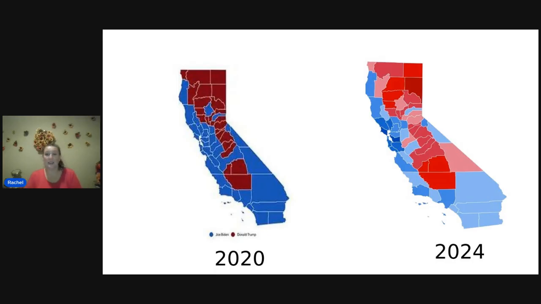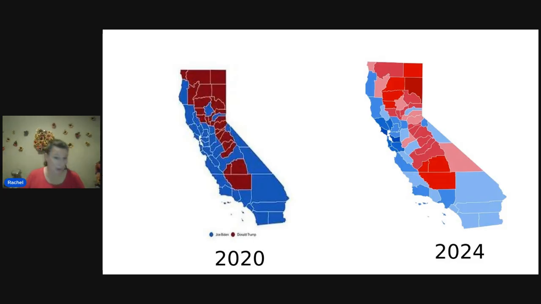But I think this is why they're doing this. You can see it's becoming a lot more red now. And they are losing. They're losing the fight. And they don't want to lose the fight. They want to get all these coastal people to cancel out the more inland people.